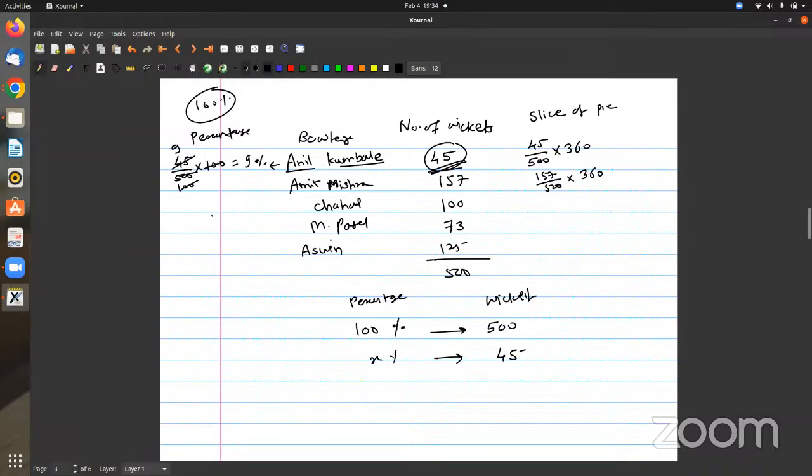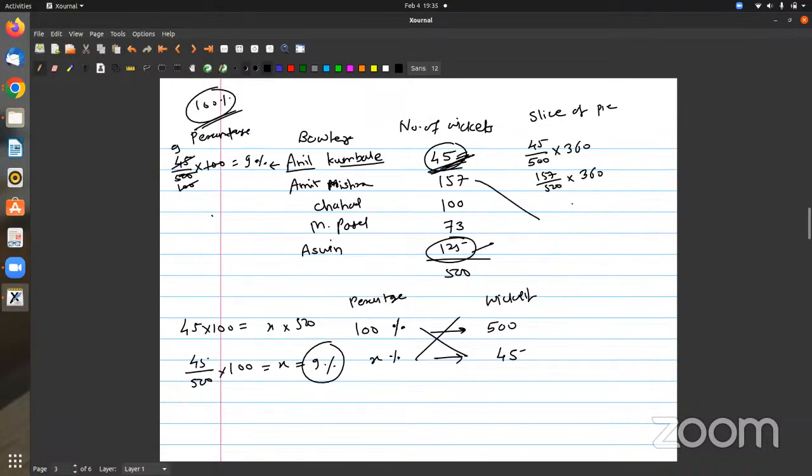I need to find how many percent of wickets Anil Kumble has taken. With cross multiplication, 45 into 100 equals x into 500, which is 45 by 500 into 100, equals x. That's x equals 9%. So 45 is not a percentage here, because percentage cannot go over 100%. If you say this is 45%, then this would be 125%, which is not possible. Got it.